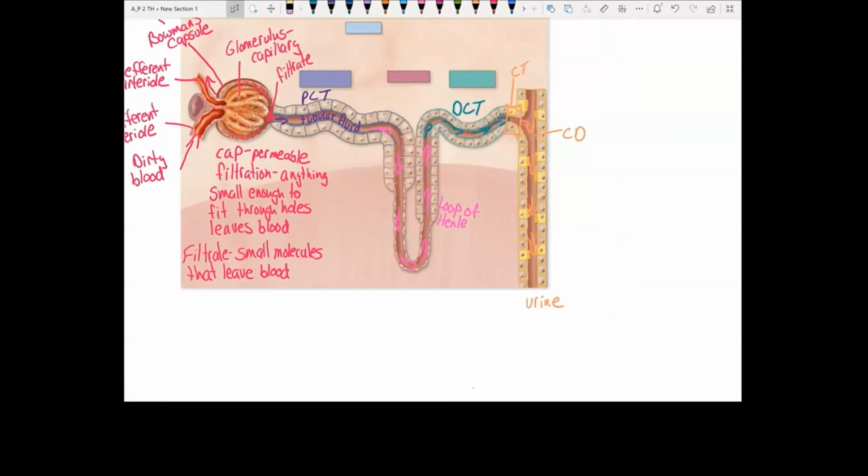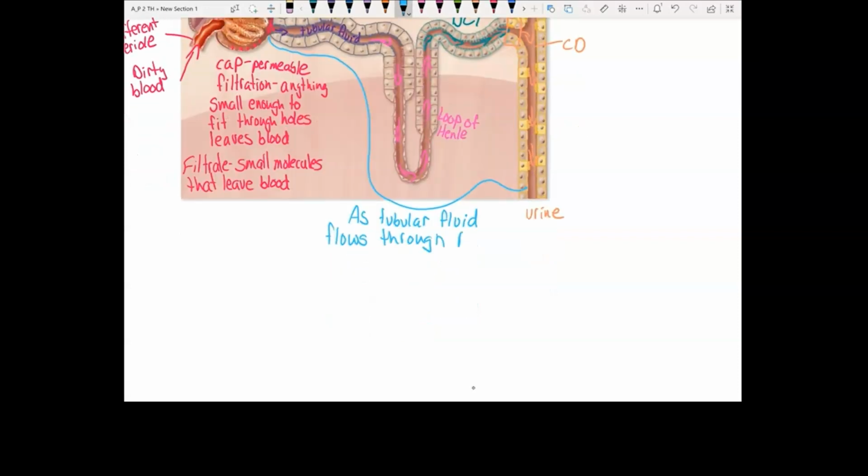As it's flowing through these areas, from the proximal convoluted tubule all the way to here, you are making adjustments to it.